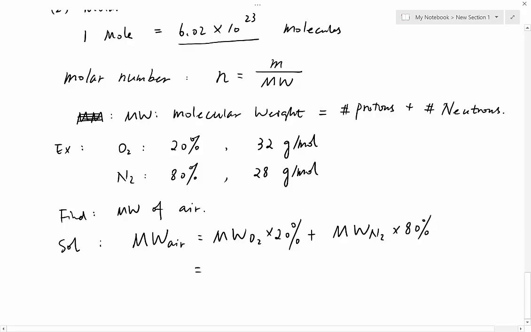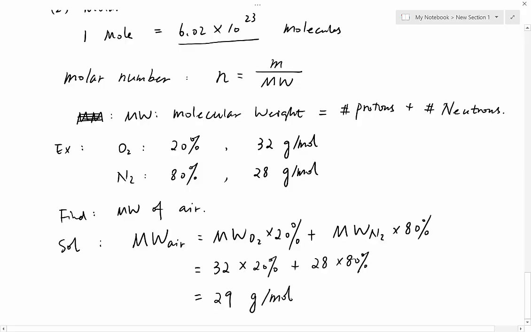All right, so because we have the molecular weight of oxygen, which is 32, we just plug it in. And then we also have the molecular weight of nitrogen, which is 28. Just plug it in. And then the solution is 29. And the unit will still be gram per mole.